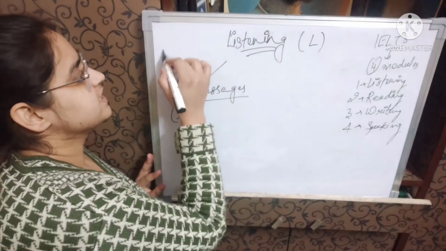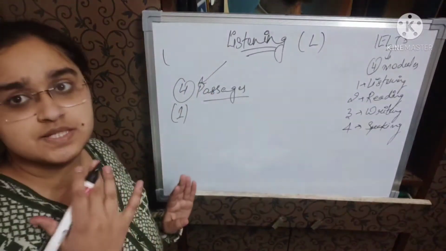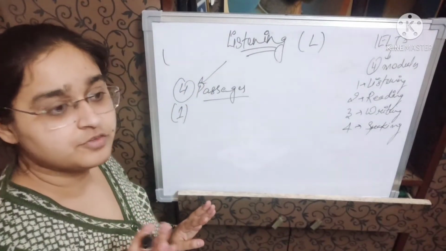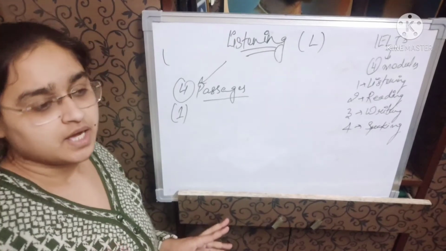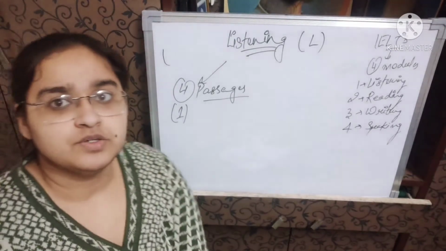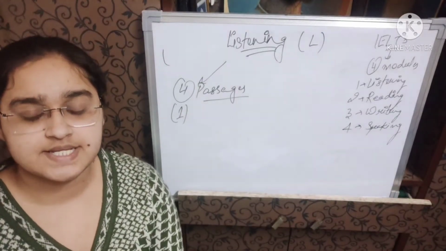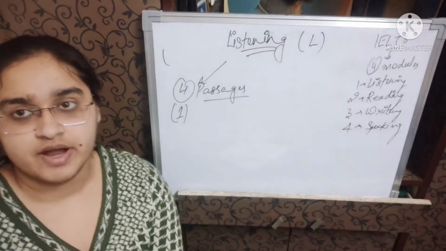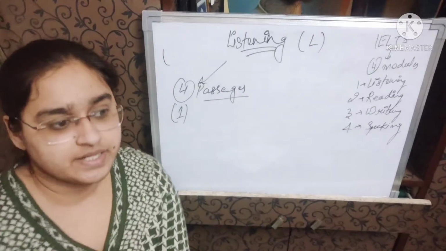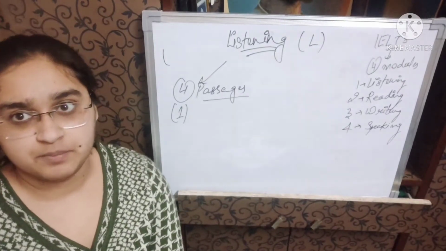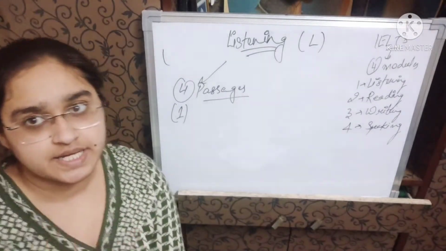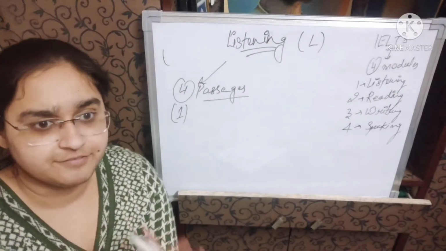What are those four accents? The speaker will not speak in four different languages, but in four accents. If the audio starts in one accent, like an Australian accent, the complete listening exam will be in the Australian accent only, not in a different accent.